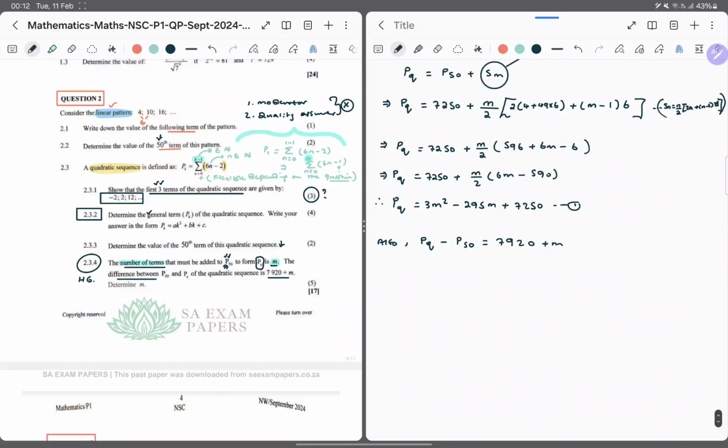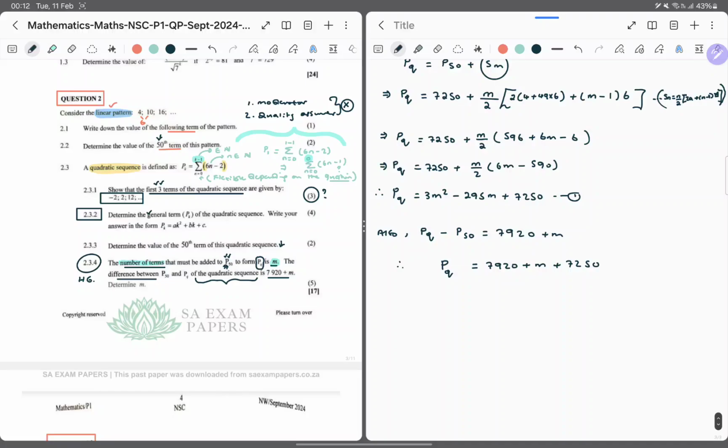And therefore, this means P sub Q, we transpose this, is going to be 7920 plus m plus, what is P50 there? We saw that it's going to be 7250, because we're told that this is of the quadratic sequence.